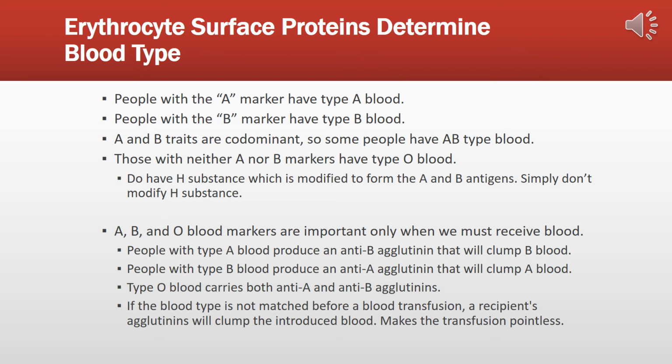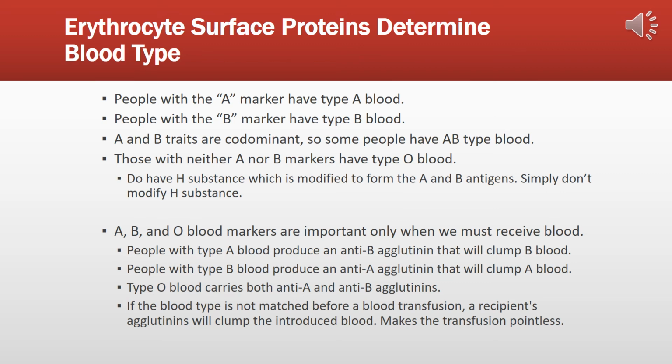And these blood type markers are really only important when we're donating or receiving blood. This is because people with type A blood produce a chemical called anti-B agglutinin, which causes blood type B cells to clump such that they're useless in an individual with A-type blood.